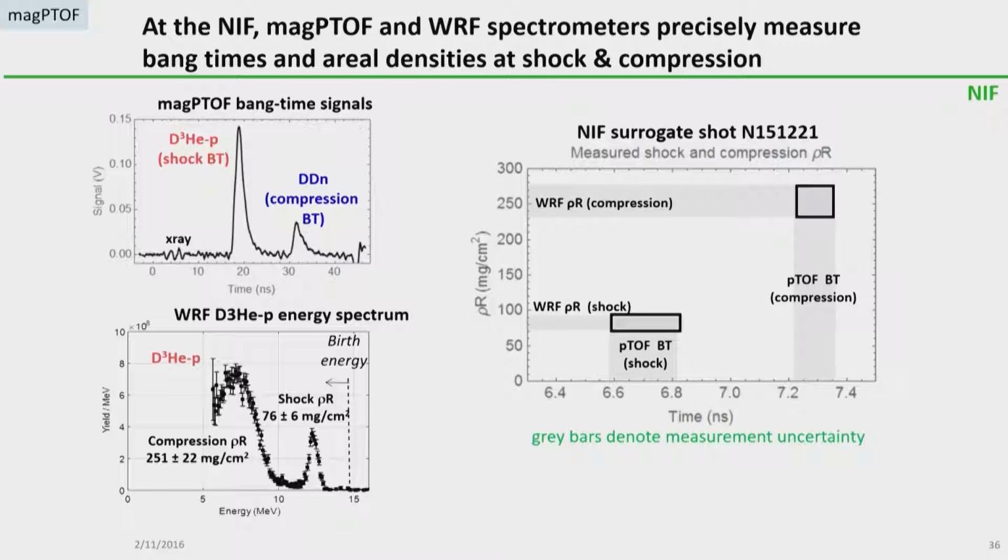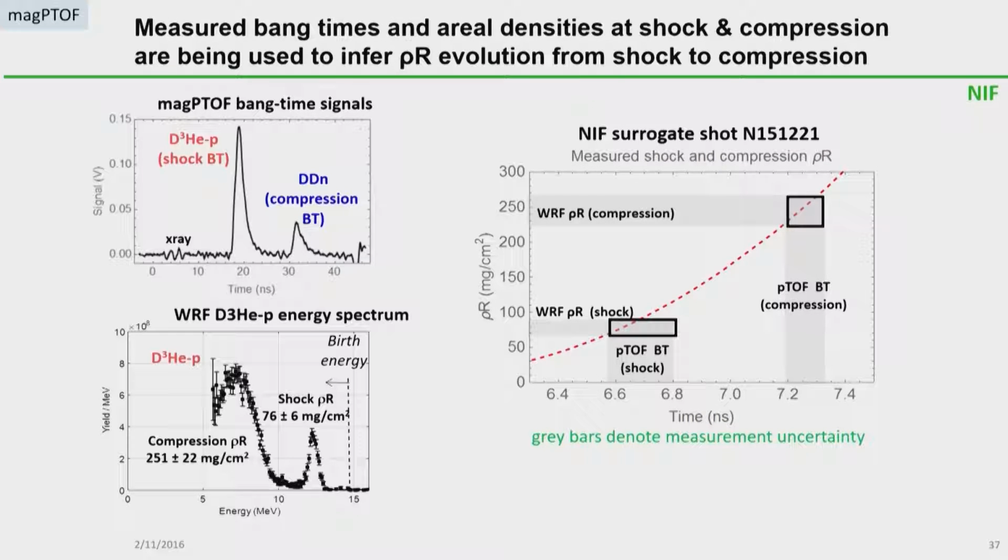So here we have plotted the ρr as a function of implosion time, and the gray bar here denotes the measurement uncertainty. The advantage of that is now we are really in a position to constrain the evolution history of areal density as predicted by simulations, because we have explicitly measured the areal density at two well-defined times.